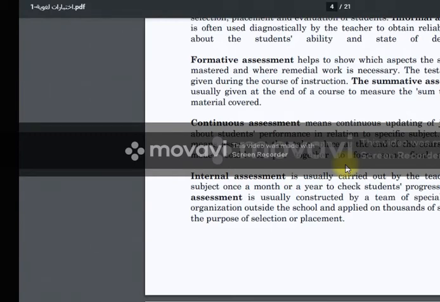For example, homework or field work under the supervision of the teachers themselves. I can ask the students to prepare a report under my supervision. This is coursework. Examination is the normal type of test.